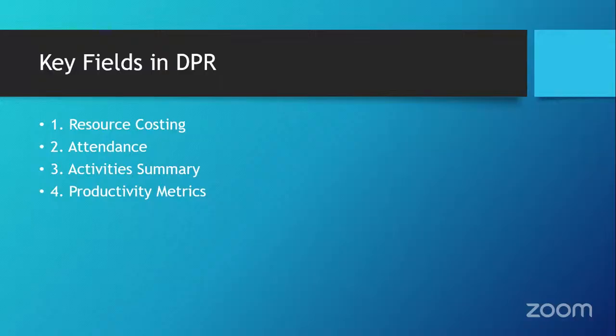That average is calculated based on 30 days of salary, which is actually 26 days because you get weekends off. Then based on that, how much is the per hour salary you are getting. So that's how the calculations work. I have told you this at an advanced level, but basically these key fields are to be filled in the DPR.